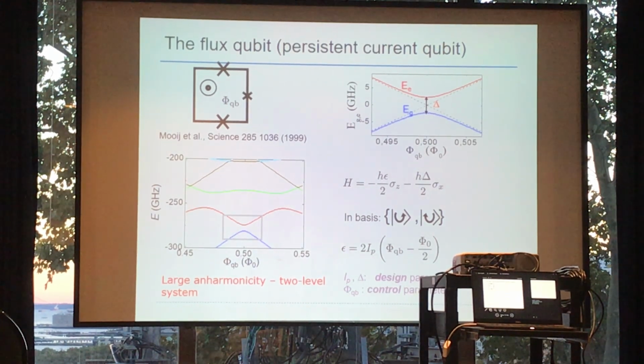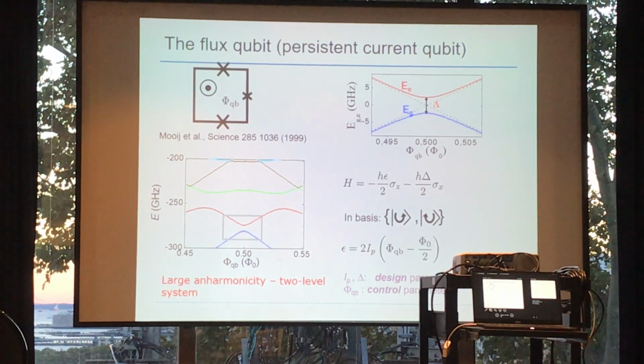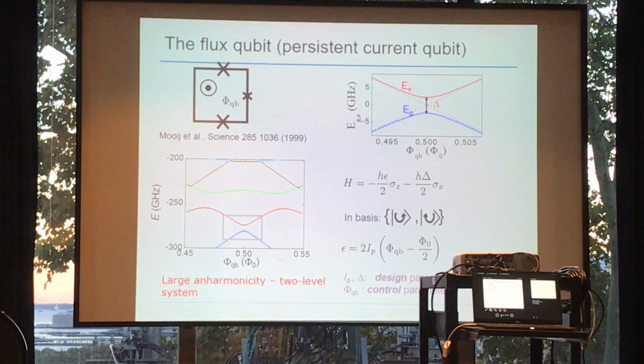And there are complications with microscopic details such as the superconducting gap being uneven and so on. This led to lots of irreproducibility between different experiments done in different labs on different devices. So quasi-particles can be quite damaging, and the recent optimized design of flux qubits actually addresses this issue, so that's why we can have long coherence times.